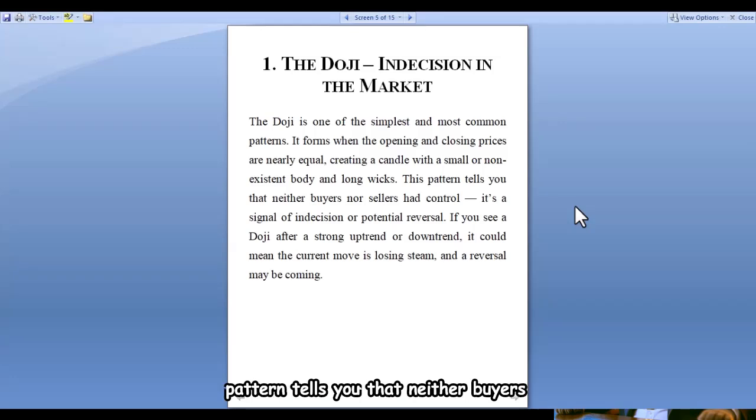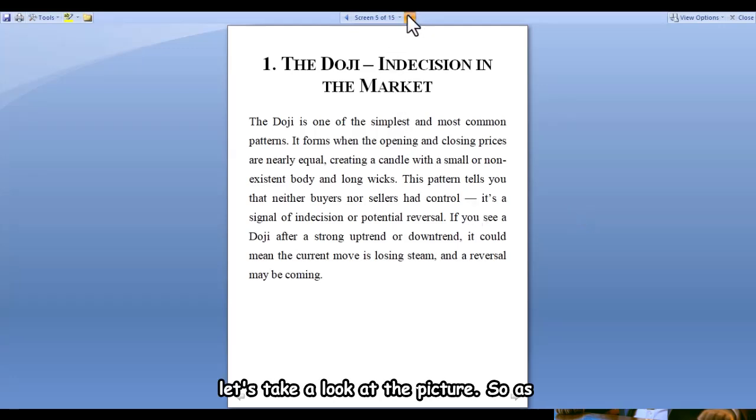This pattern tells you that neither buyers nor sellers had control. It's a signal of indecision or potential reversal. If you see a doji after a strong uptrend or downtrend, it could mean the current move is losing steam and a reversal may be coming.